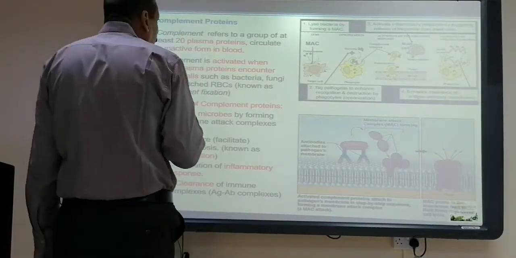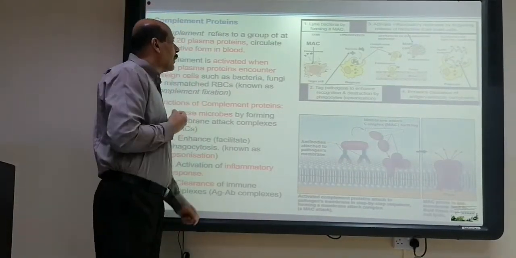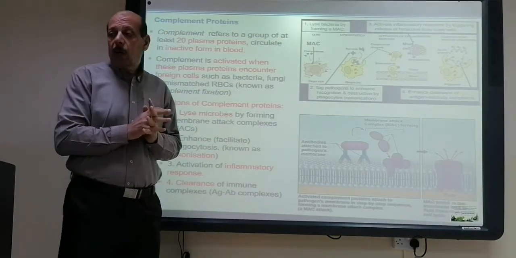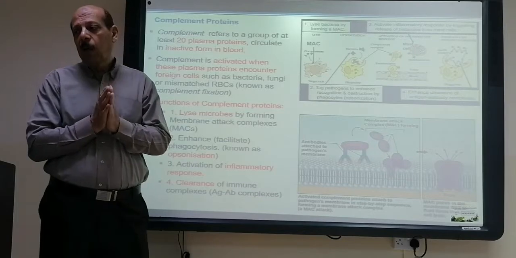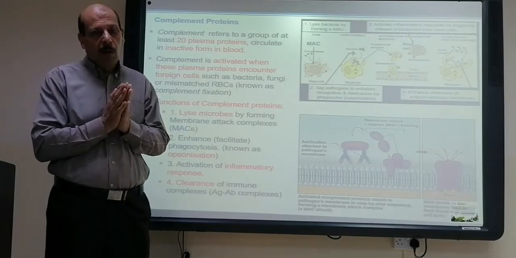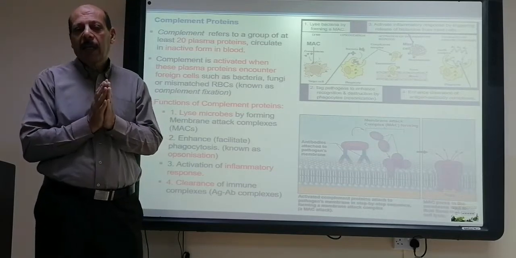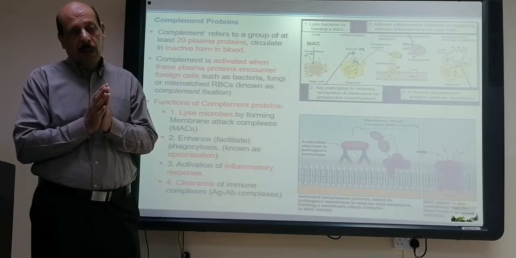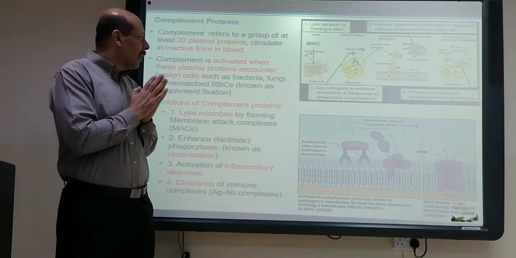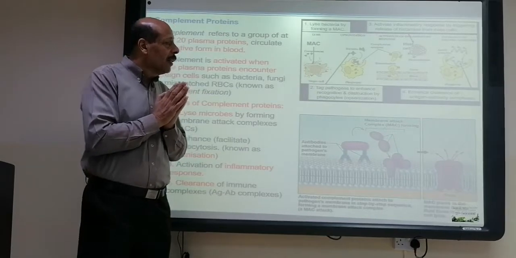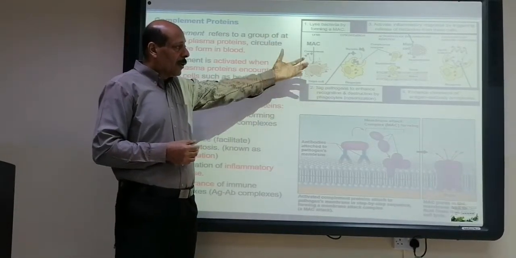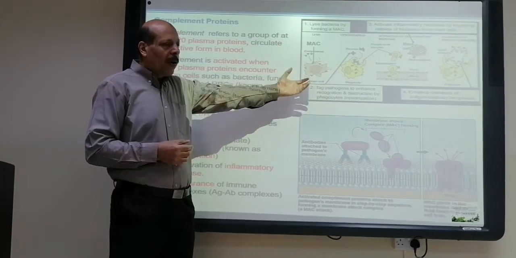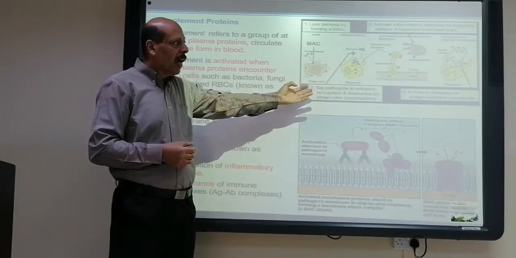So the complement proteins refer to more than 20 proteins in our plasma. They are circulating in our plasma in an inactive form. They will be activated whenever any bacteria or any foreign antigen comes into our body.